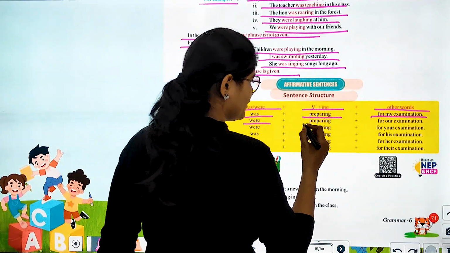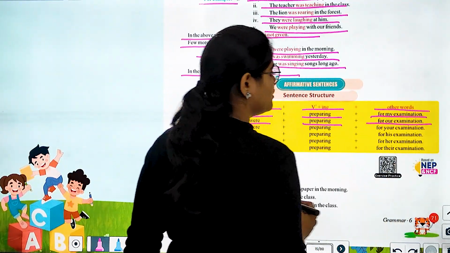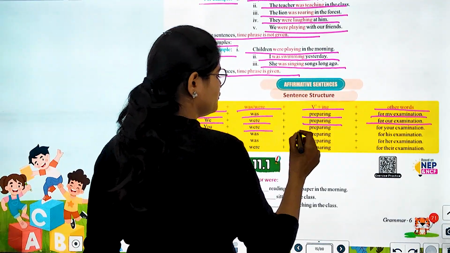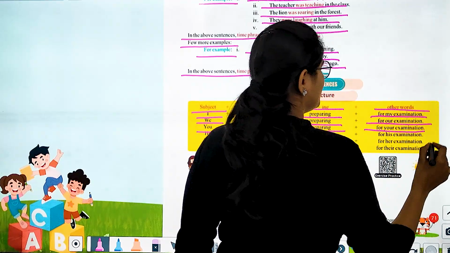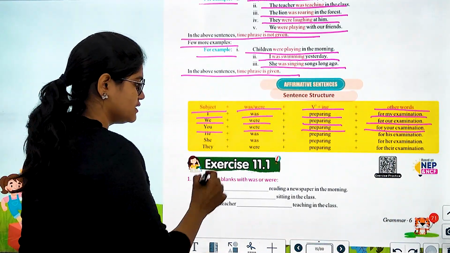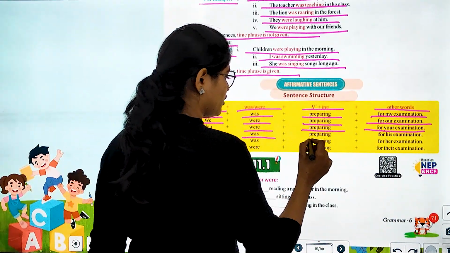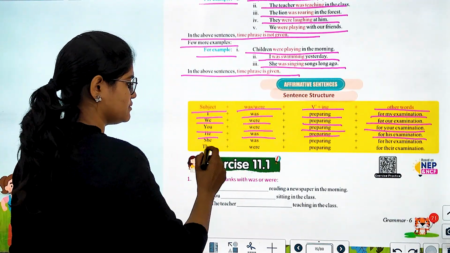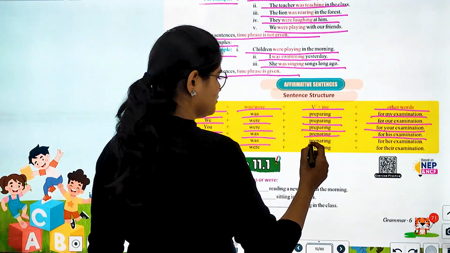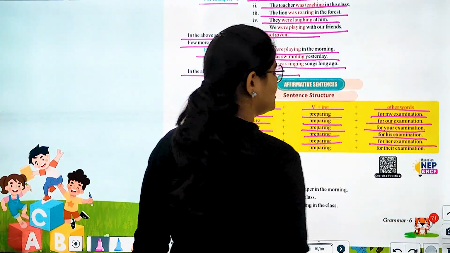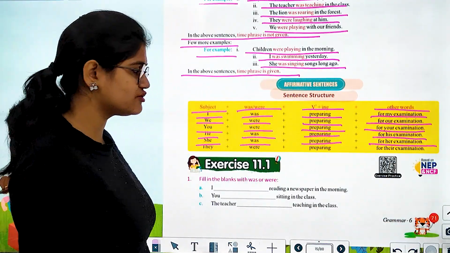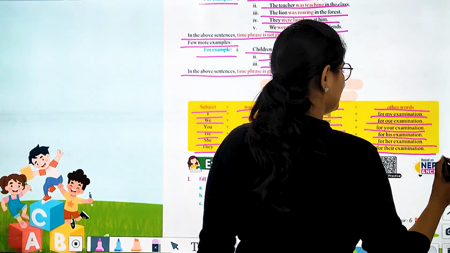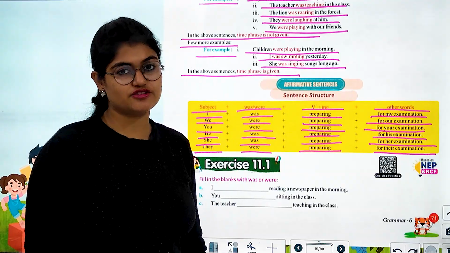We were preparing for our examination. You were preparing for your examination. He was preparing for his examination. She was preparing for her examination. They were preparing for their examination.